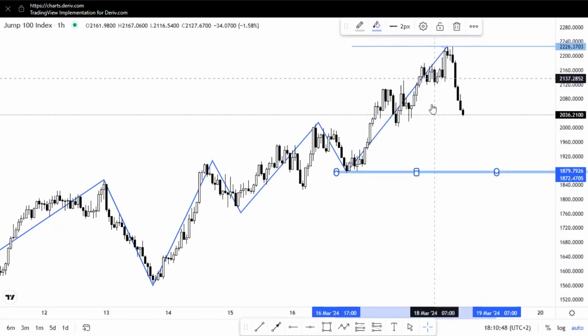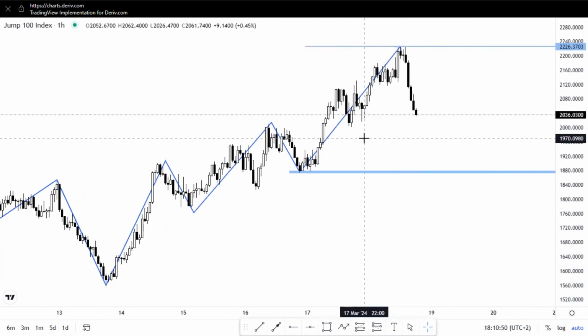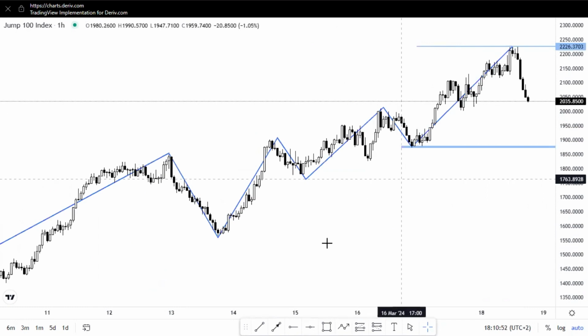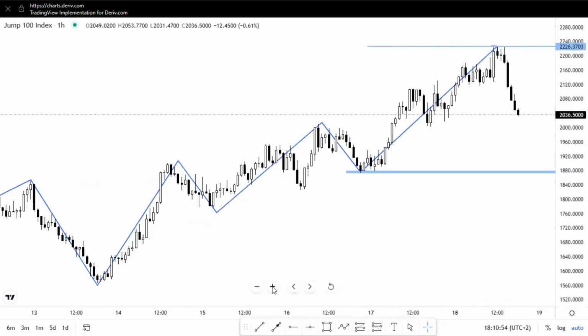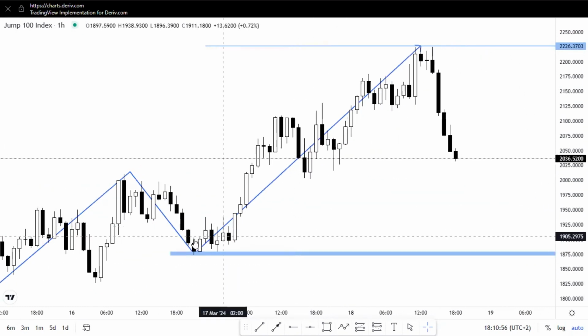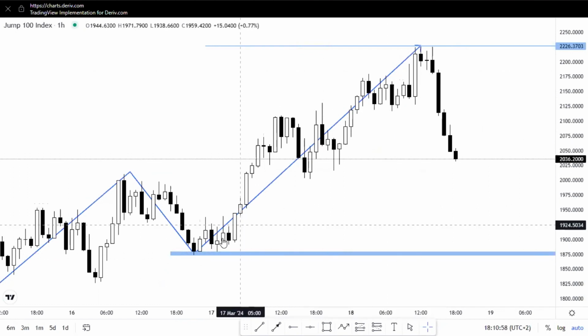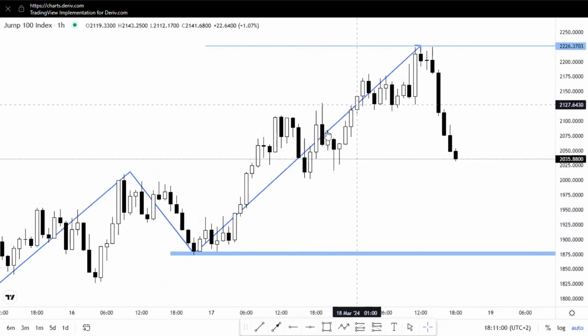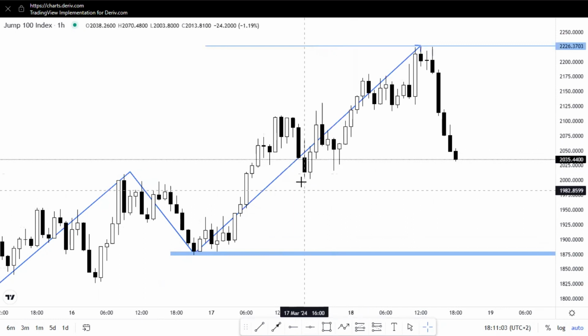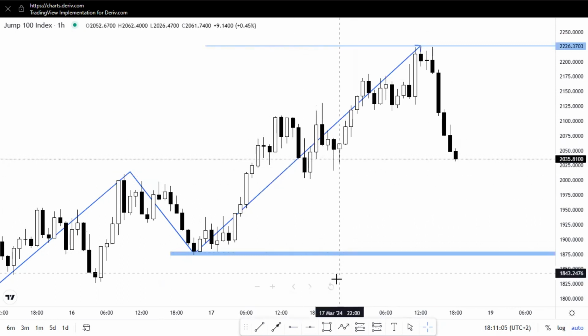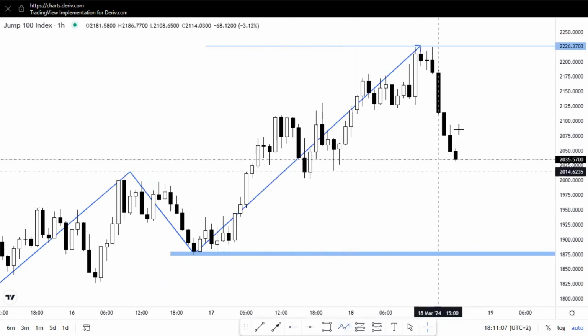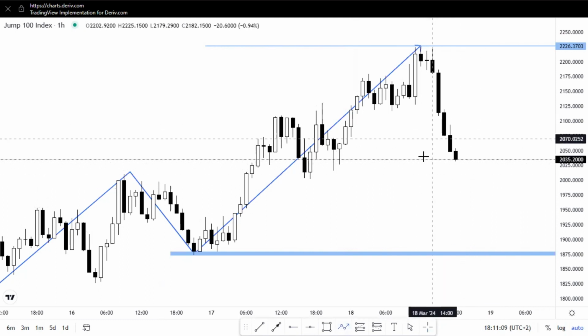Now we're going to shift our focus from our most recent higher high and higher low to inside this higher high and higher low, where we're going to look for the inside structure. That can help us understand and trade this current price movement.